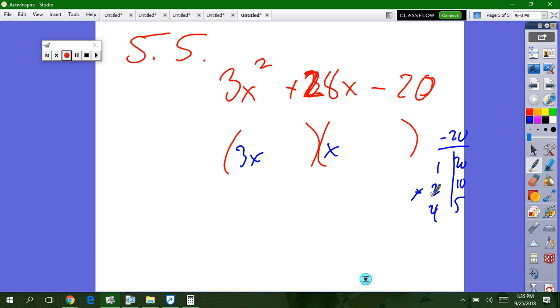I'm going to put a plus 10 here and a minus 2. Why do I have 1 negative and 1 positive? Because I have to get to multiplying to be a negative 20, don't I? So didn't I have to kind of foil in my head as well? 30 minus 2. Did everybody see that?